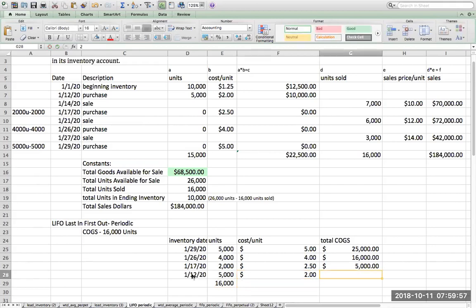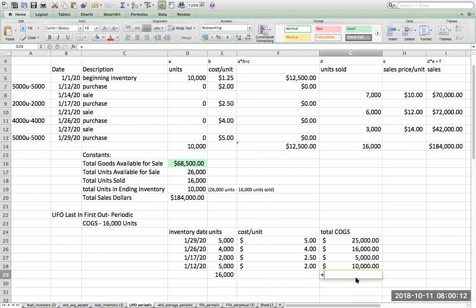My 5,000 units were priced at $2 per unit, and I'm going to go ahead and remove this from my inventory ledgers, and I now have 16,000 units with a cost of goods sold of $56,000.